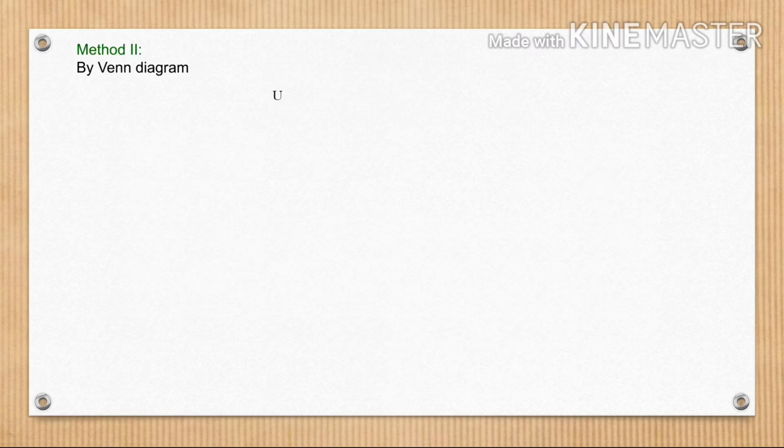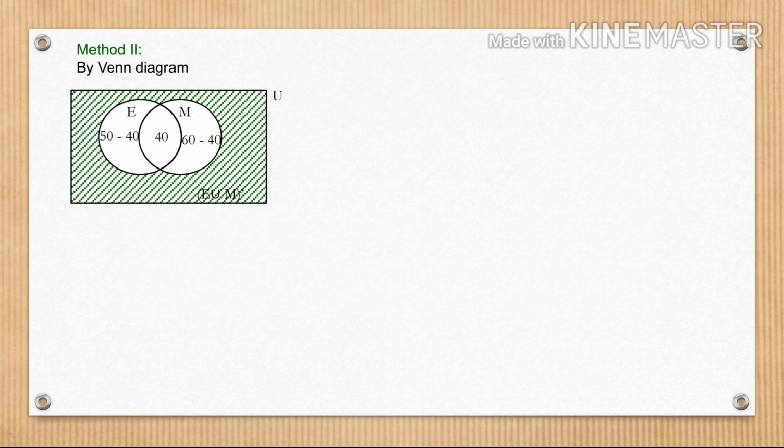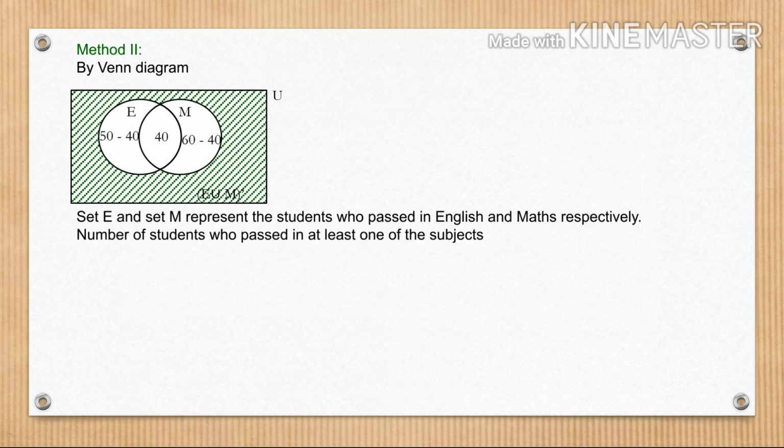Then the second method, that is by Venn diagram. In this Venn diagram, E and M represent the students who passed in English and Mathematics respectively. The number of students who passed at least one of the subjects.